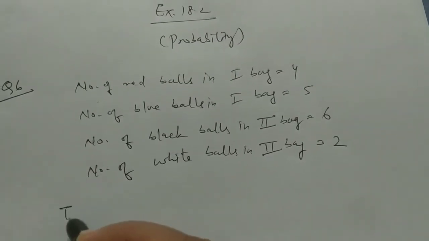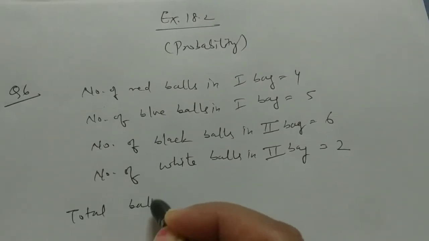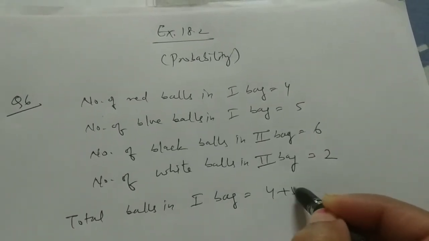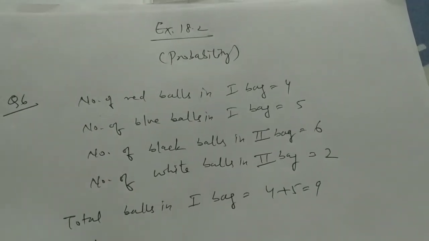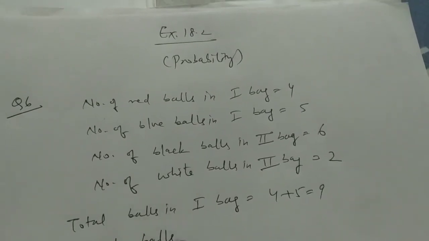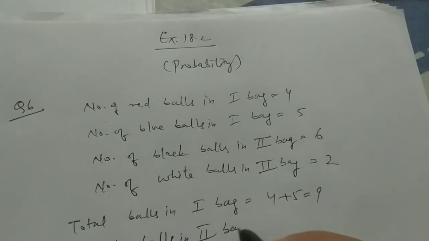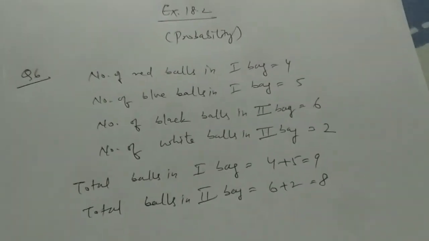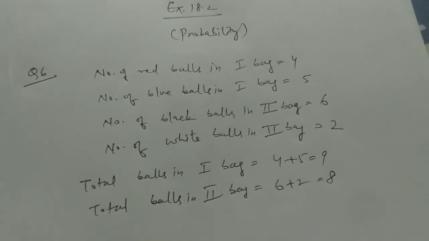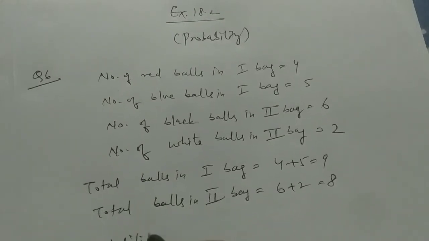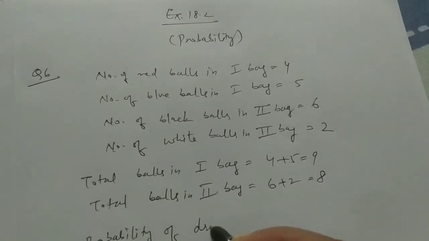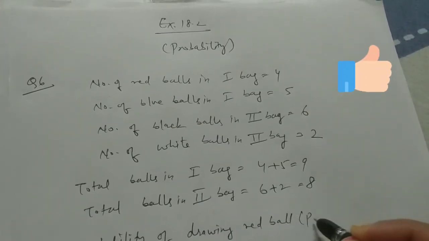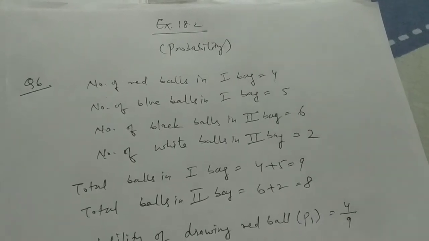Now next, total balls in first bag would be 4 plus 5, that is 9. Then total balls in second bag would be 6 plus 2, that is 8. This much is clear. Now probability of drawing red ball means P1 would be 4 by 9.